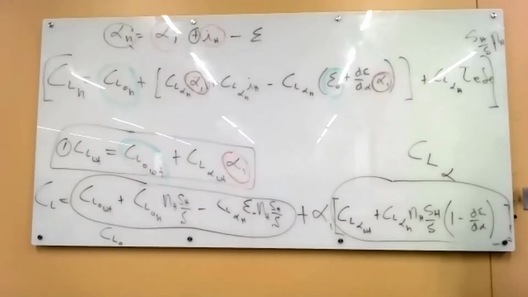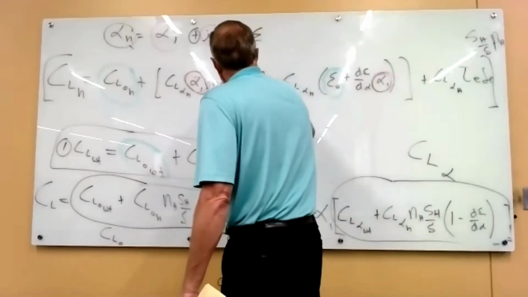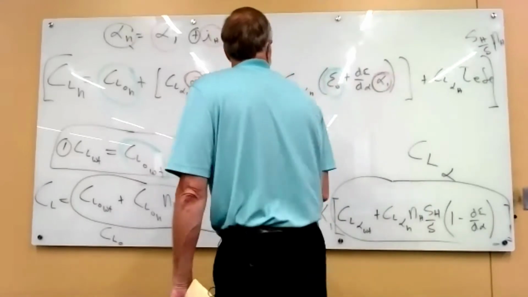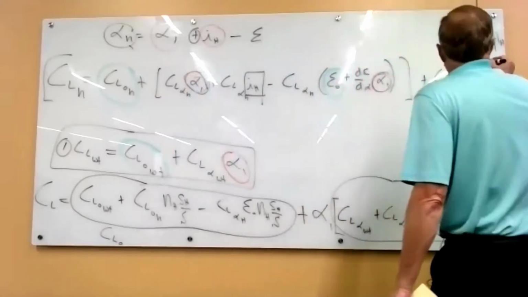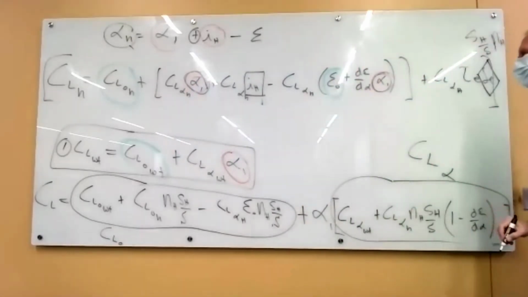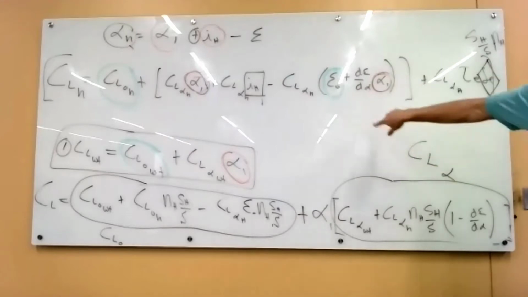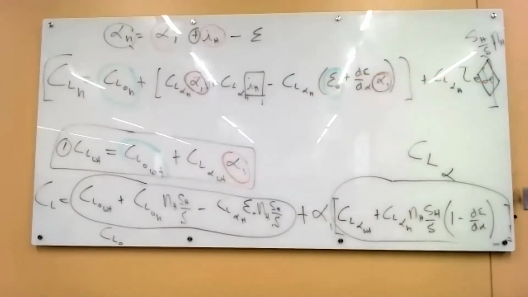And then the next two are easy because we just have this term that depends upon IH, so I'll put a box around it. And then we have this term that depends upon elevator, so I'll put a diamond on that. And so we get a separate term for each one of those and we're done. So we have to add that to this. So I'm going to erase and continue above.